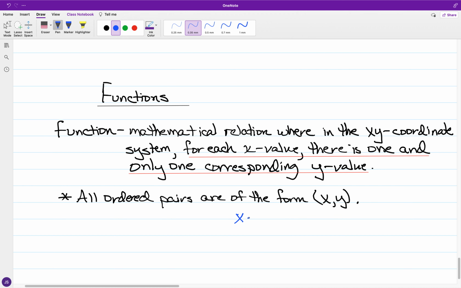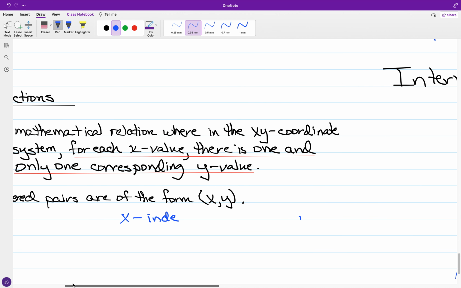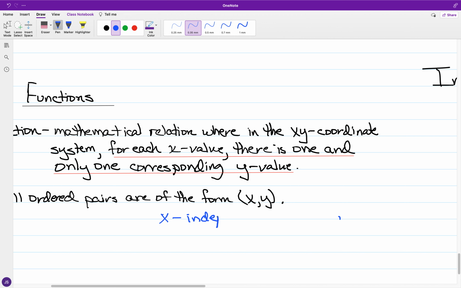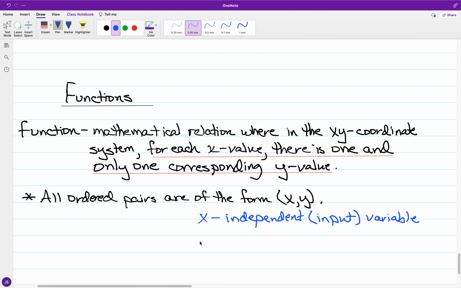Now in terms of the characteristics, x is going to be regarded as the independent or input variable. And y is going to be the dependent, also referred to as the output variable.